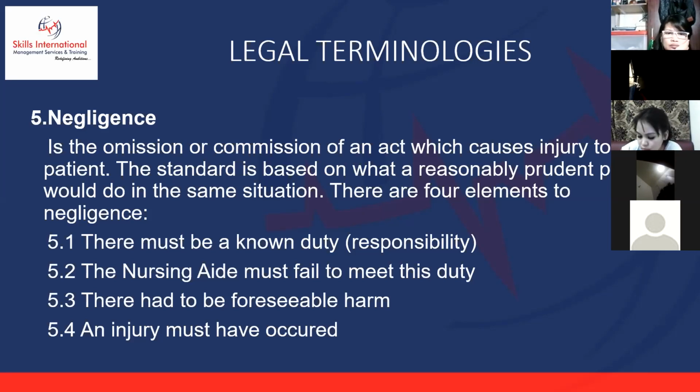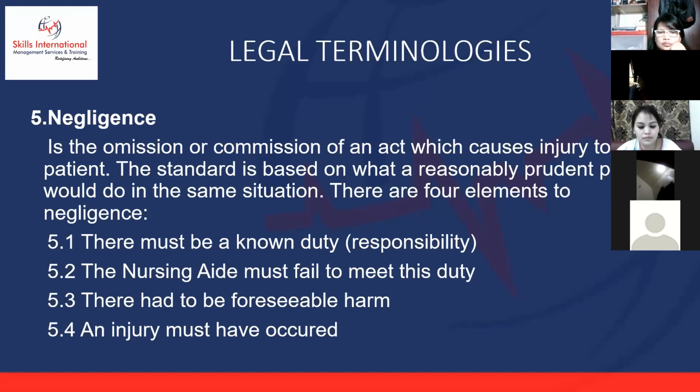For example, you are doing the bed making and you are thinking that the patient is going to fall, and you are seeing that foreseeable harm, but you did not prevent it. So you are neglecting that the patient is going to fall.